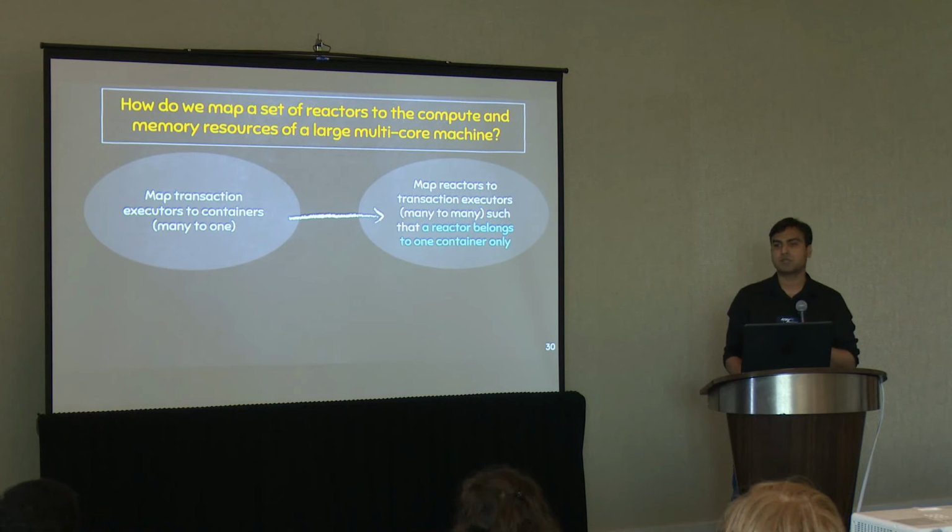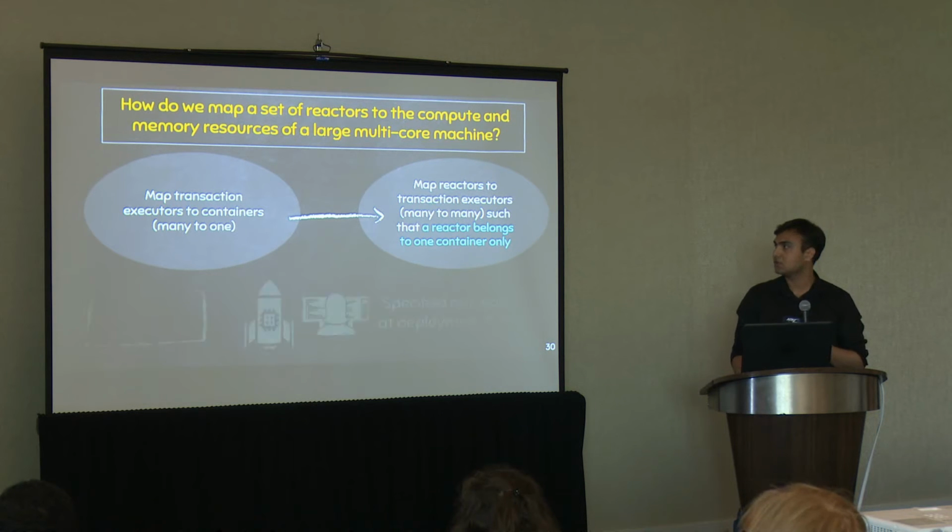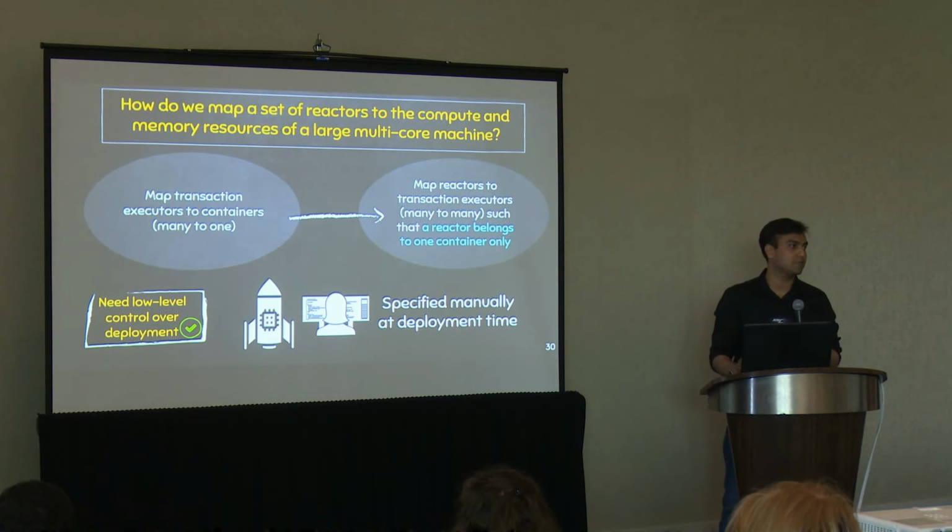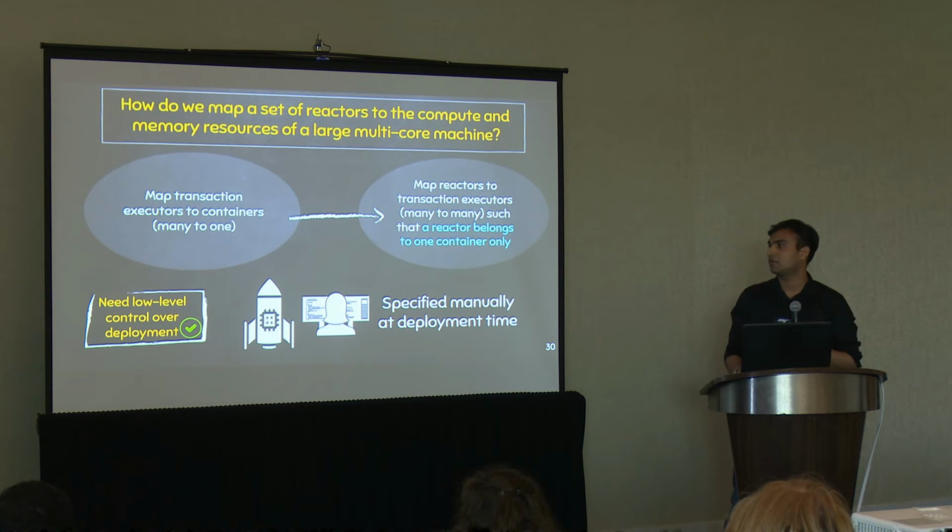This is important so that memory access asymmetries are not introduced within a single reactor, because that breaks the illusion of locality that the programming model is providing you. So this mapping is specified at deployment time, and thus allows you to have low-level control over the deployment.